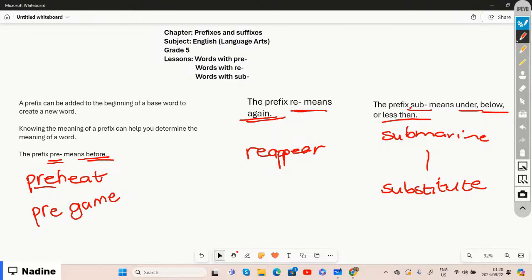We're not saying that the person is under or below, right? Yes, sub means under, below, so on. But as you said, you are not the teacher specifically, but you are the substitute teacher.